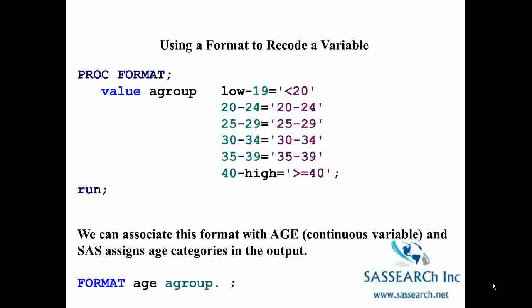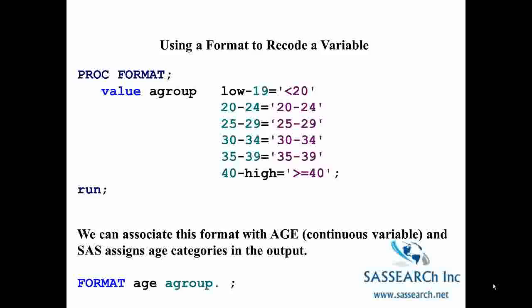You can also use a format to recode a variable. So in this example, we actually have a continuous variable age, and we have created a format called A group. And so we're saying here that low to 19 is less than 20, 20 to 24 is equal to 20 to 24. And so we're setting these age groups.